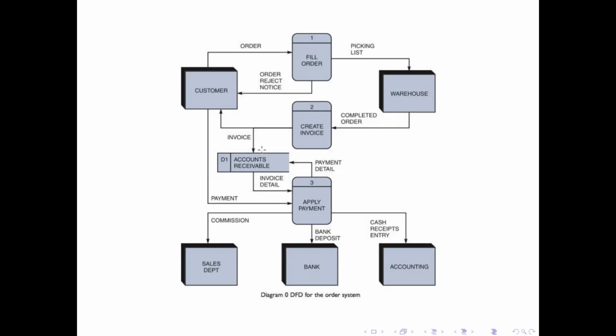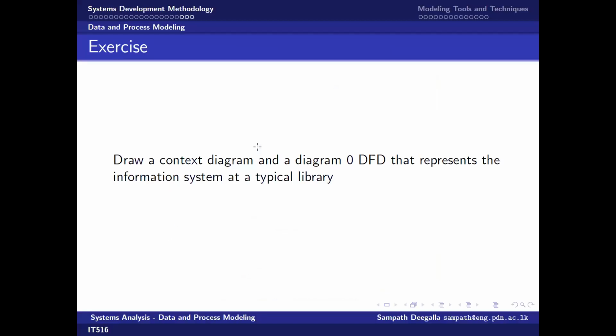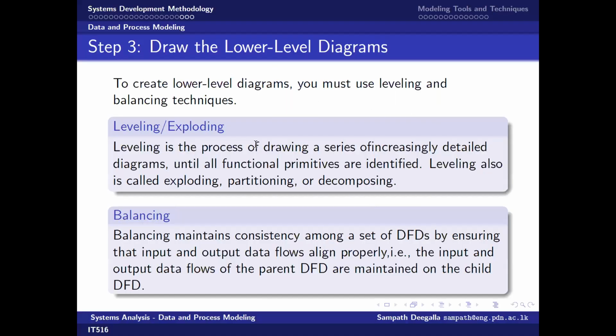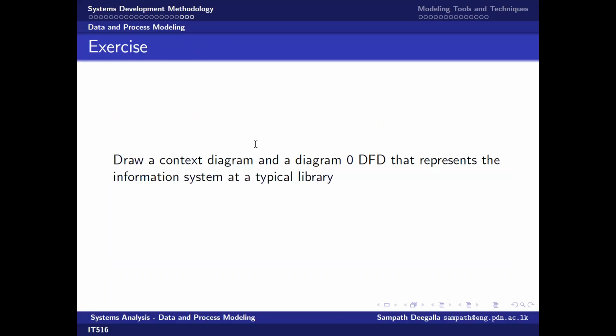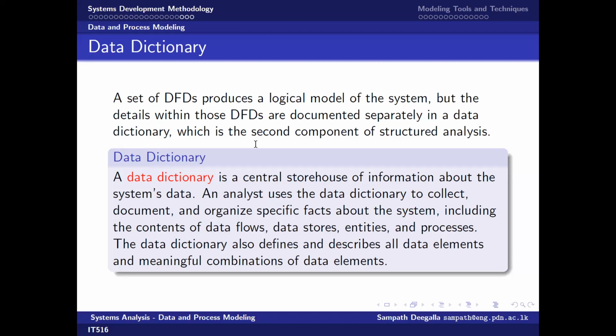So the next part of the data and process modeling is the data dictionary. That's the second part of data and process modeling, which means that you are going to keep a record of everything about the system's data.